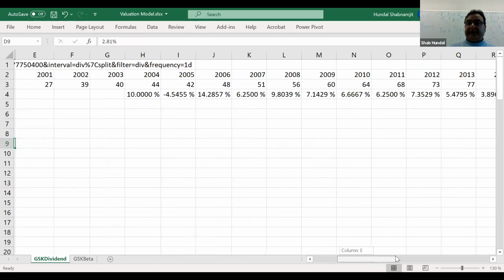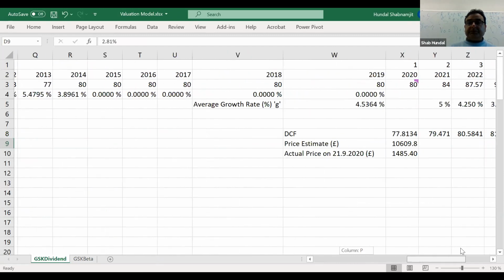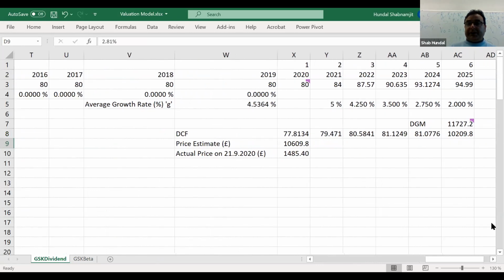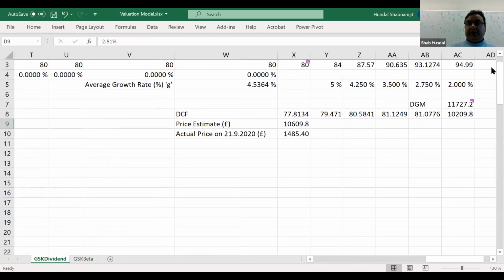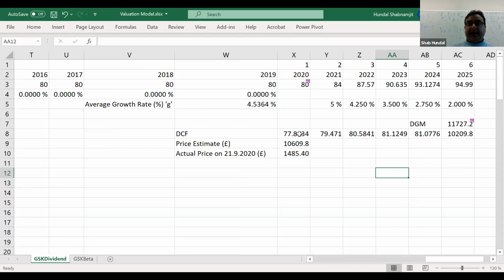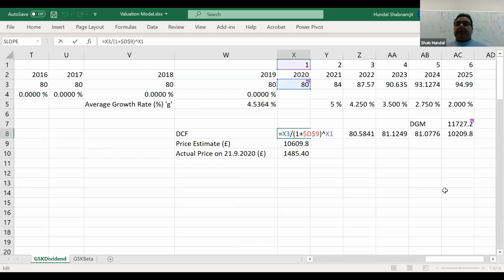Okay, and then I calculate, if I know that in 2020 we get 80 in year one, and then I apply this formula, discounted cash flow, remember?